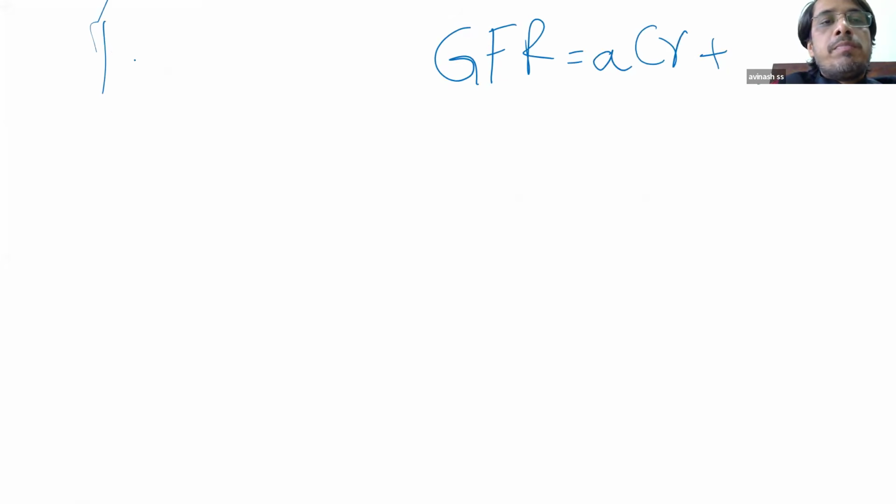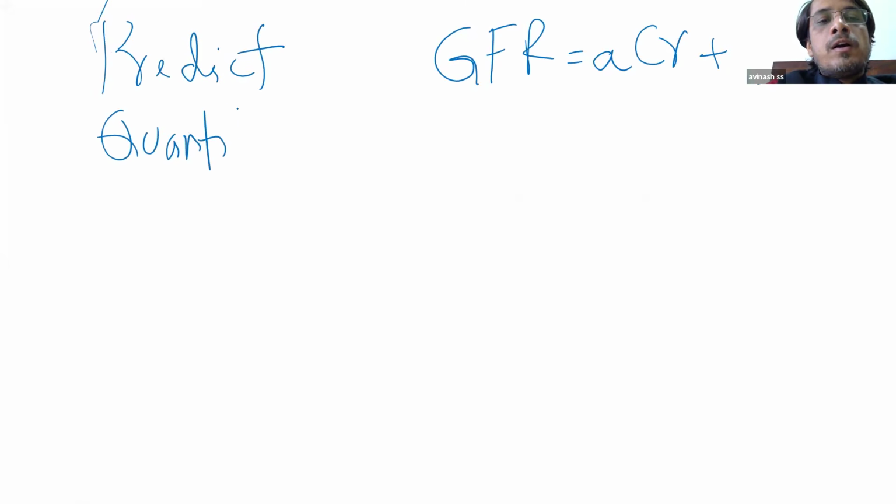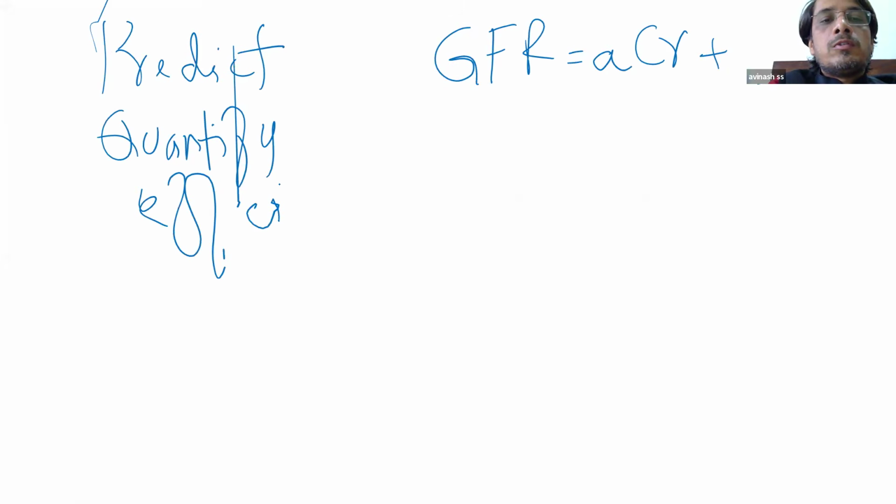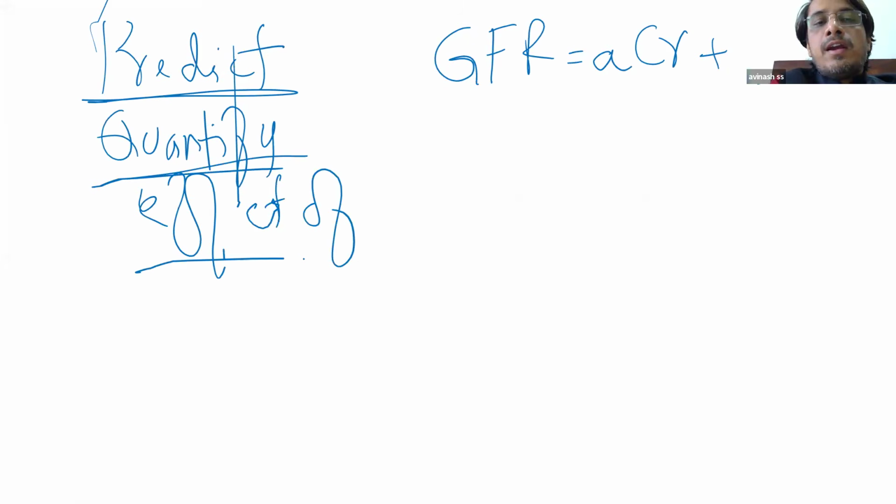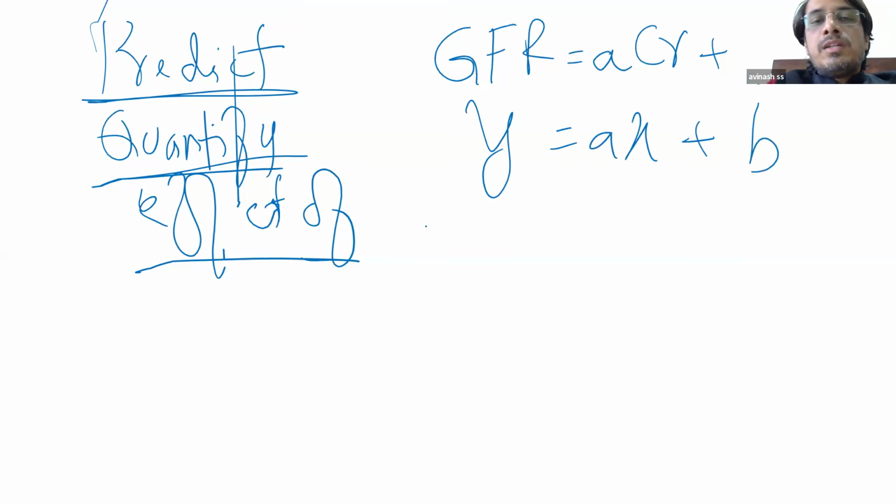The word is predict. Or let us say quantify. Or let us say the words are find out the effect of one on the other. If these words are there, then one variable is dependent. Which is the dependent variable? GFR.